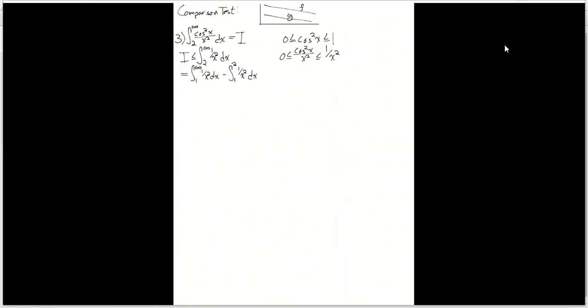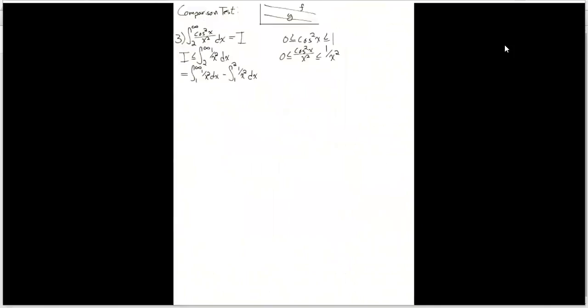The reason I made it go to 1 instead of 2 is that I wanted it to resemble this line here at the bottom of the page. So p now is 2, right? And since p is greater than 1, we know that this integral is convergent.